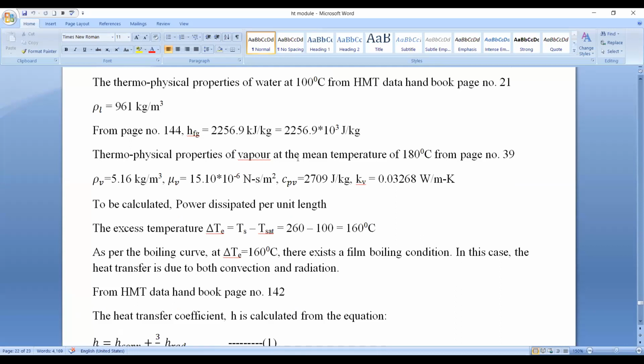The thermophysical properties of vapor at the mean temperature of 180 degrees centigrade are on page number 39. So rho_v, mu_v, C_pv and k_v should be taken for steam at 180 degrees centigrade, given on page number 39 of the data handbook.